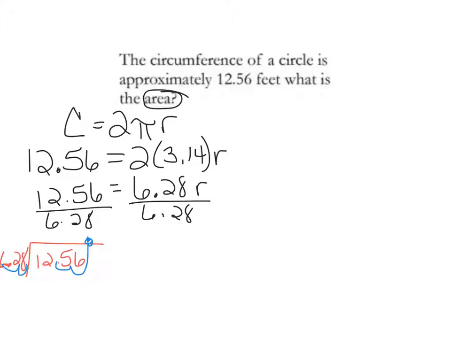Now all we have to do is figure out how many 628 goes into 1,256. I think 2. Okay, so let's try 2. So 2 times 8 is 16. 2 times 2 is 4 plus 1 is 5. And 2 times 6 is 12. Perfect. So that means radius is equal to 2.